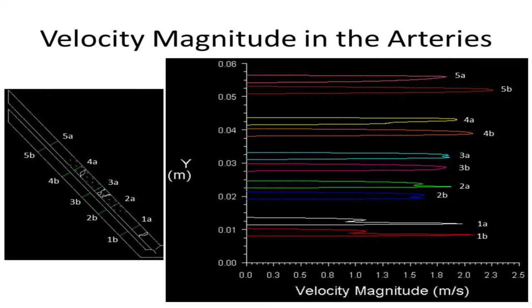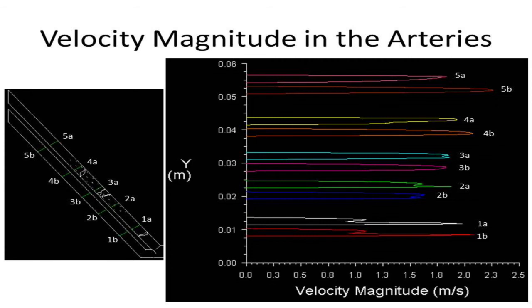It's higher at the middle, but higher than 2B, which is the unstented part. If you take 3A and 3B, the magnitudes are almost identical. 4A is higher than 4B, and 5A is much smaller than 5B. Keep in mind, this will include the effect of both the stent as well as the bifurcation.